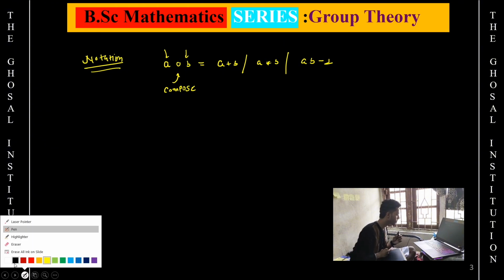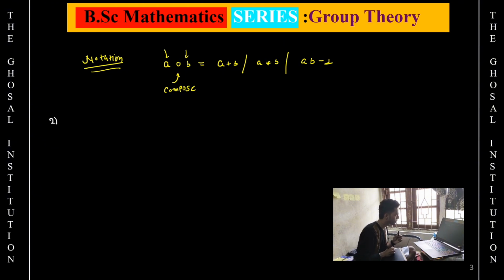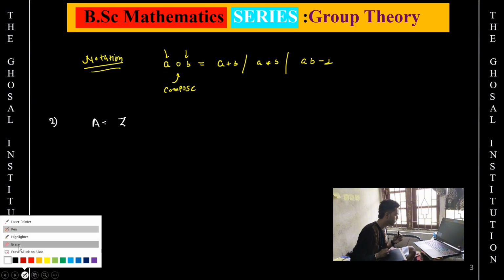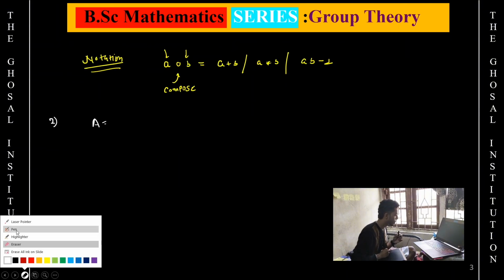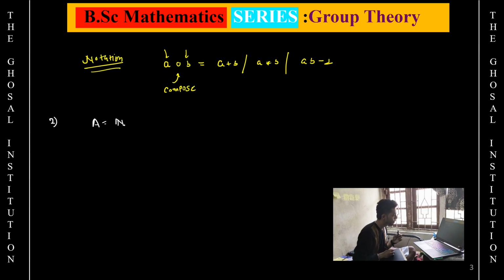Okay, let us take another example. Example 2. Let A be the set of natural numbers, and now we define a compose b as a minus b.